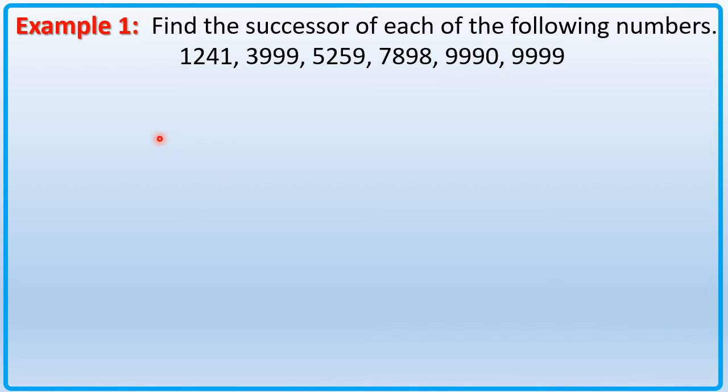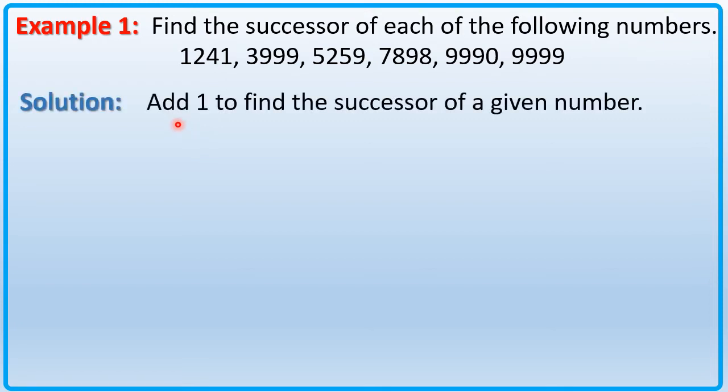Let us take few examples to find successors and predecessors. Example number 1. Find the successor of each of the following numbers. Some numbers are given here and we have to find successors of each of these numbers. We know that we can obtain successor of any number by adding 1 to it. Solution.